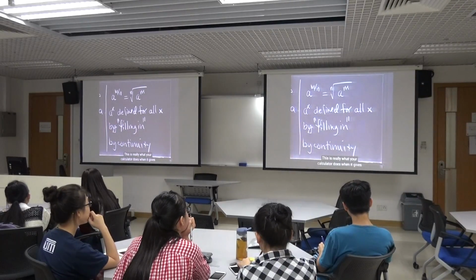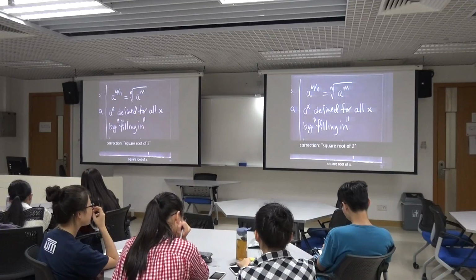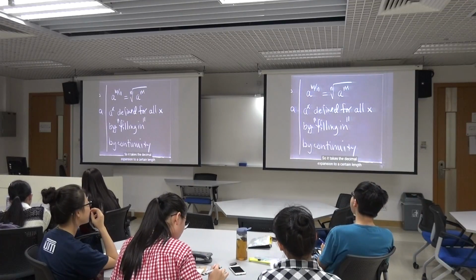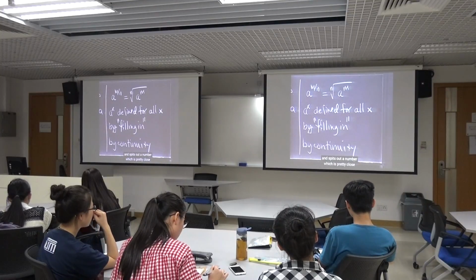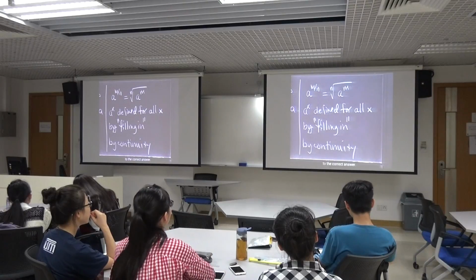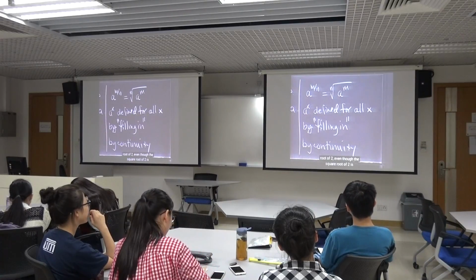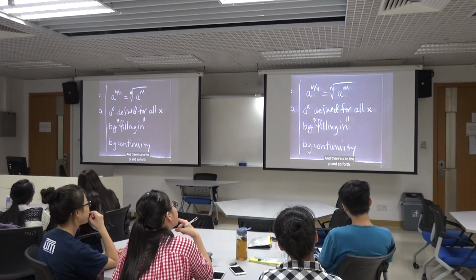This is really what your calculator does when it gives you a to the power x, because you can't even punch in the square root of 2. It doesn't really exist on your calculator. There's some decimal expansion. So it takes the decimal expansion to a certain length and spits out a number which is pretty close to the correct answer. But indeed, in theory, there's an a to the power square root of 2, even though the square root of 2 is irrational, and a to the pi, and so forth.